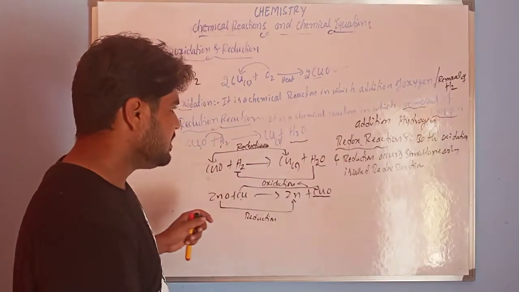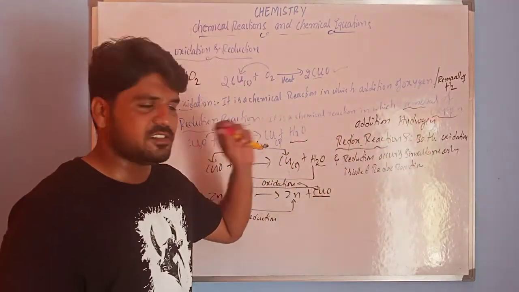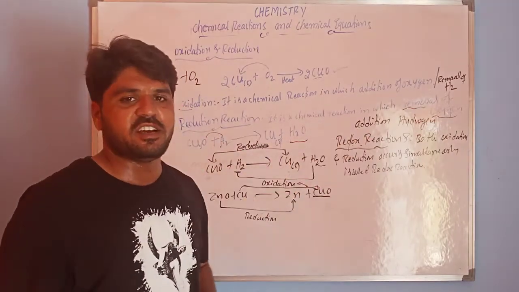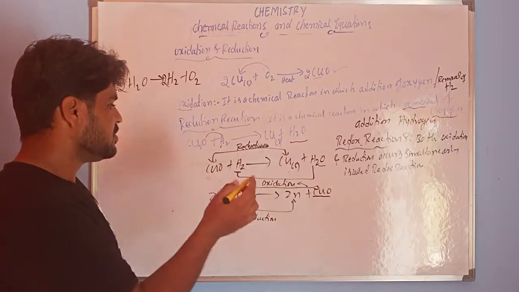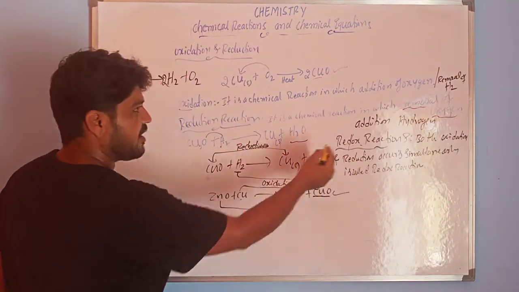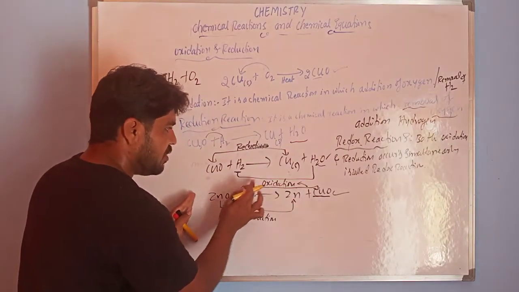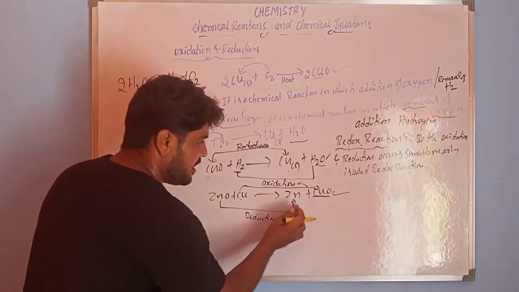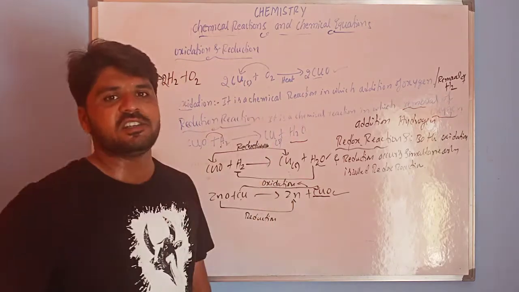Redox means simultaneously both oxidation and reduction occur. At a time both oxidation and reduction. So these are some examples of redox reactions. In these reactions, observe that both oxidation and reduction occur. This we call redox reactions.